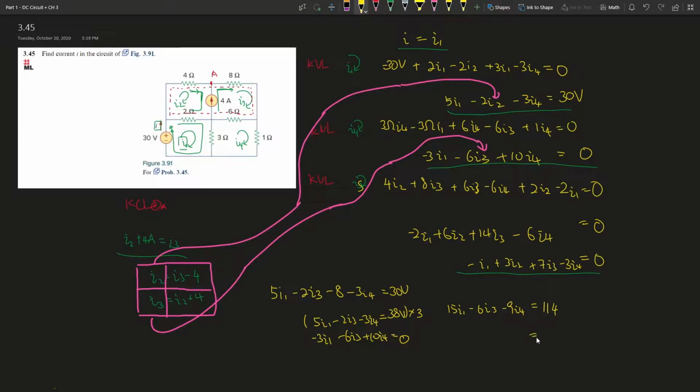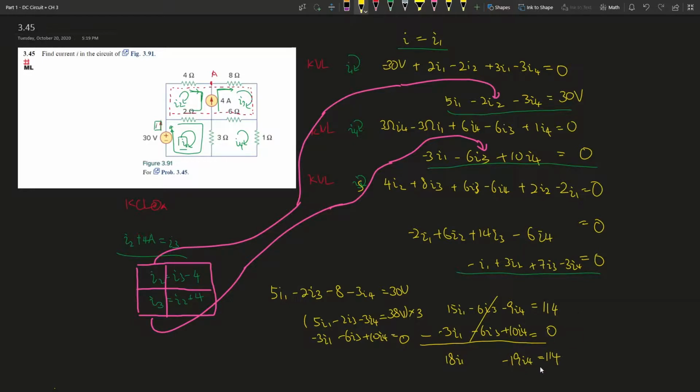And this whole thing gives us negative 3I1, negative 6I3 plus 10I4, which equals 0. The top equation minus the bottom equation: 15 minus 3 is 18I1, and I3 cancels out. Negative 19I4 gives us 144.